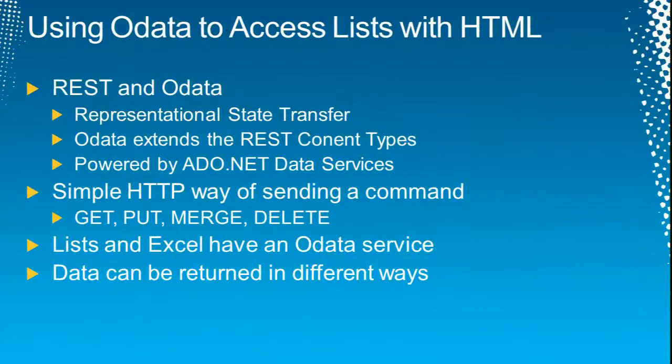You also, on top of the client object model, can access lists with HTML, so perform REST, OData type of scenarios. Basically, all you need to do is have a URL type of access, and you can start manipulating everything.